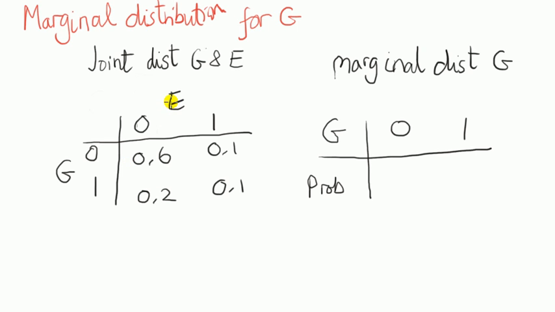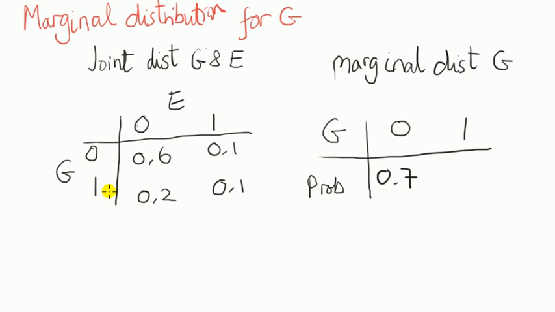Well, G is 0, irrespective of what E is, if we add up across outcomes of E, given that G is 0. So here we have G is 0 and E is 0. Here we have E is 1 and G is 0. So what we do is we look at this 0 and just add along there. So 0.6 plus 0.1, 0.7.